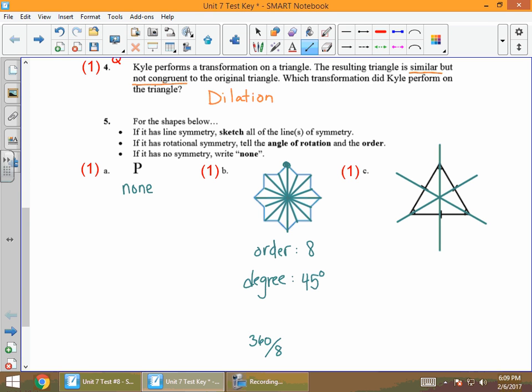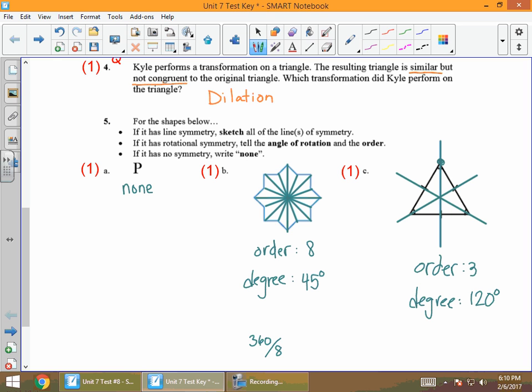So 3 lines of symmetry. Order, again, I could take this point and I could move it 1, 2, 3 spots around. So my order is 3. And then degree is again 360 divided by order, and 360 divided by 3 is 120 degrees.